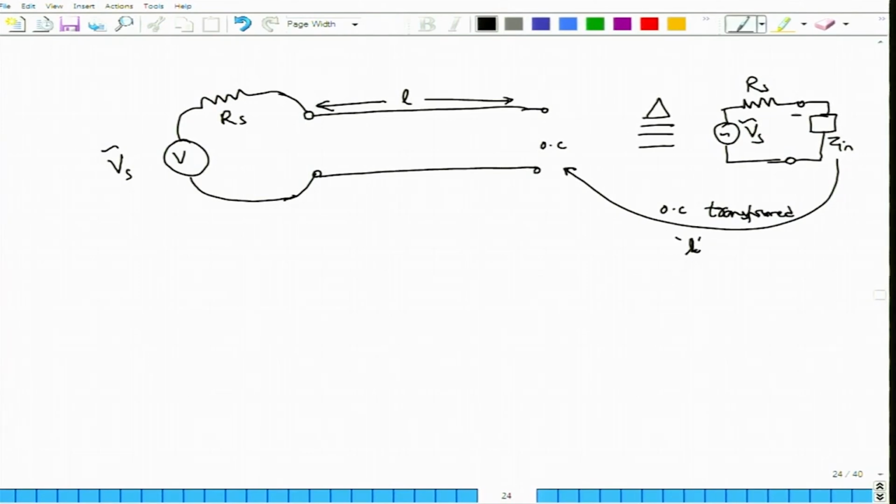The voltage across this Zin is the voltage Vin, which we would like to calculate. We already know that an open circuited transmission line would transform into an equivalent impedance. So, this is the first step. I find the impedance Zin of the open circuit transformed through a length L, which is given by minus j Z0 divided by tan beta L. This Z0 is the characteristic impedance of the transmission line.